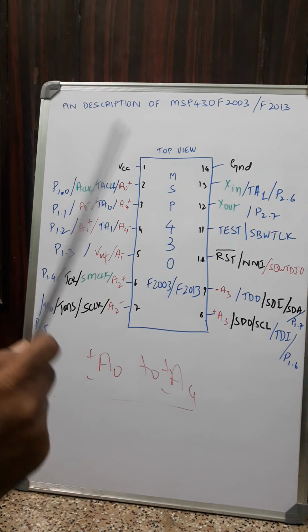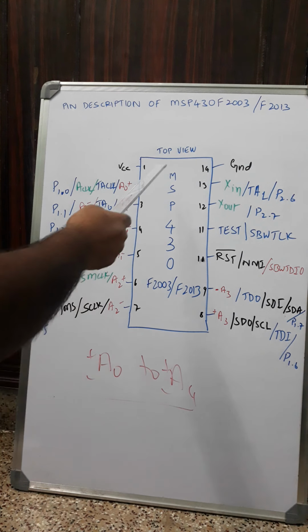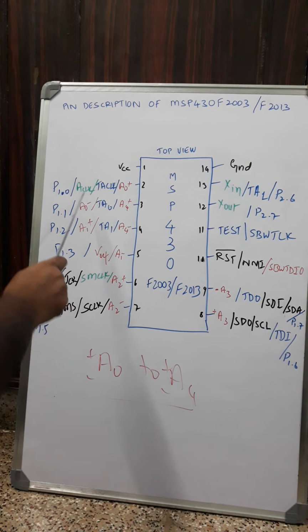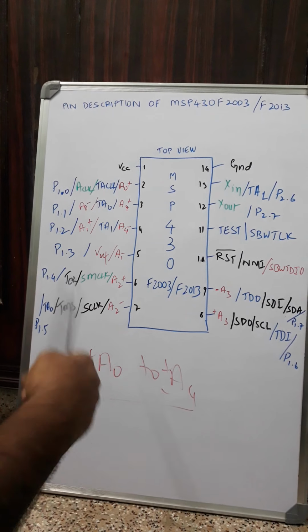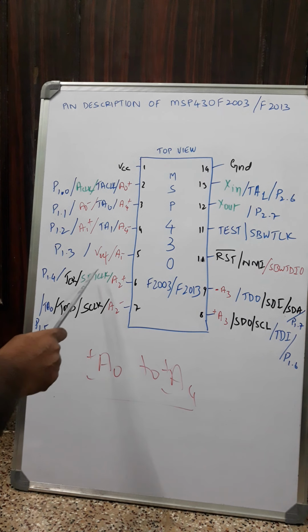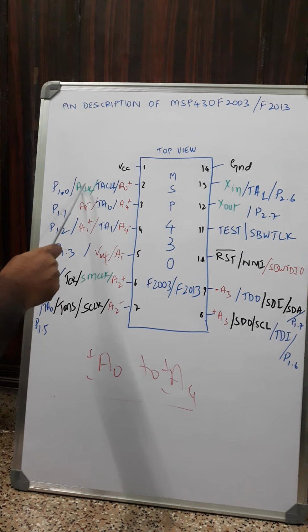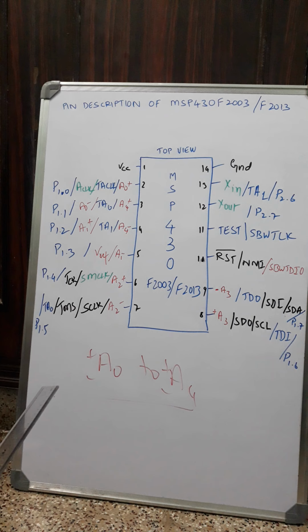Then there are two types of clocks which are taken out from the MSP430 IC. They are the auxiliary clock and the submaster clock. Submaster clock is a clock in the megahertz frequency used for the faster peripherals, whereas the auxiliary clock is used for the slower peripherals.